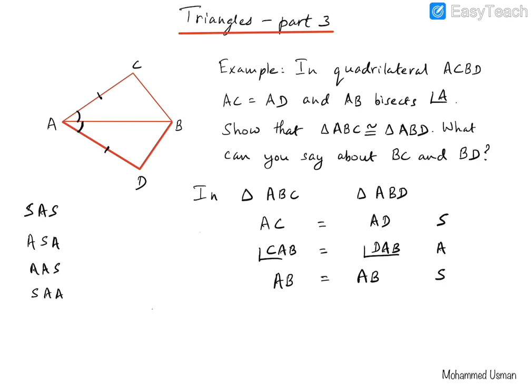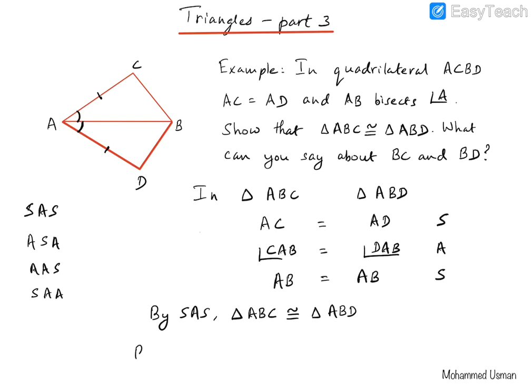So by SAS, by side angle side, we can say that the two triangles, that is triangle ABC, is congruent to triangle ABD. Once we have shown that the triangles are congruent, we can now show that the other sides or angles of the triangles are equal by using the CPCT property, the corresponding parts of congruent triangles.